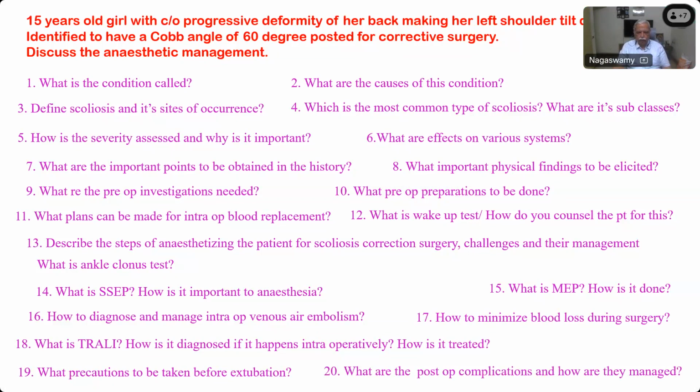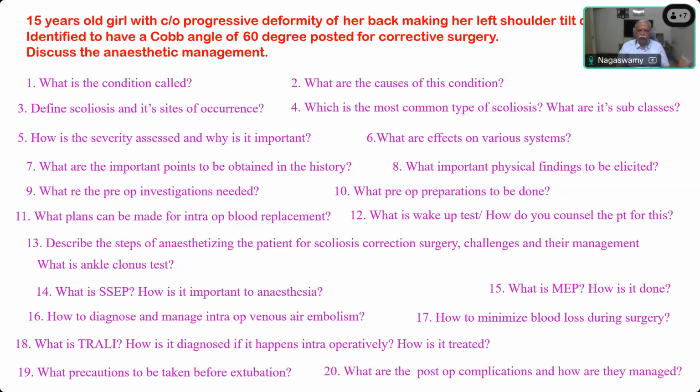What are the post-op complications, likely complications, and how are they managed? Sir, post-op pulmonary complication is more common in this patient, sir, like atelectasis, pleural effusion, pneumothorax, and post-op visual loss is also there, and neurological injuries, sir.